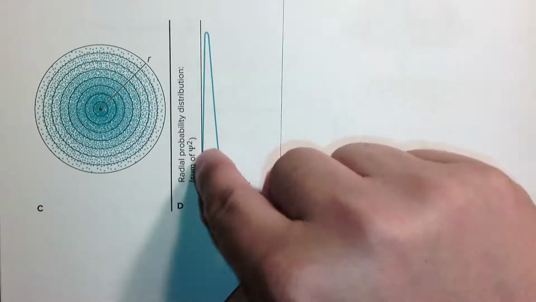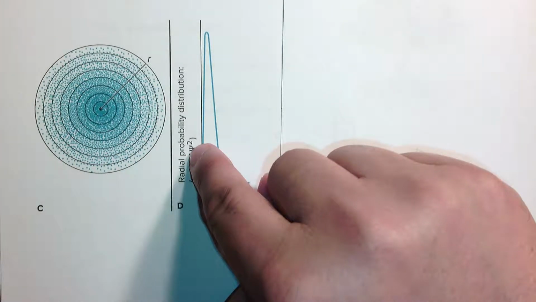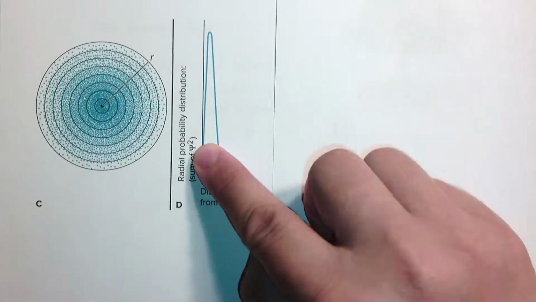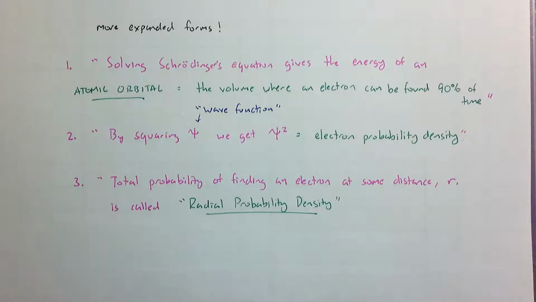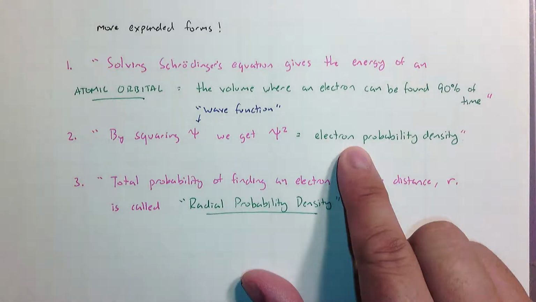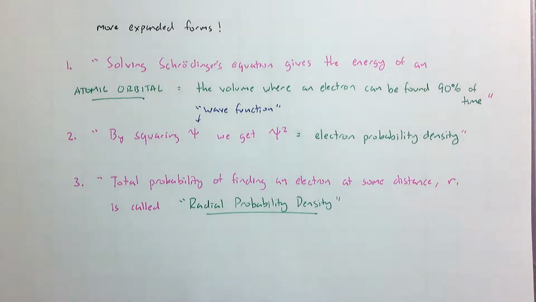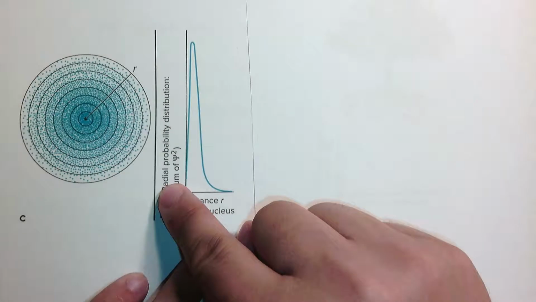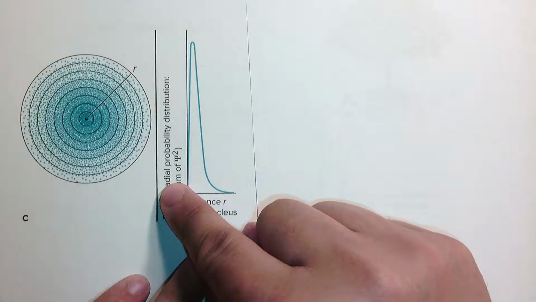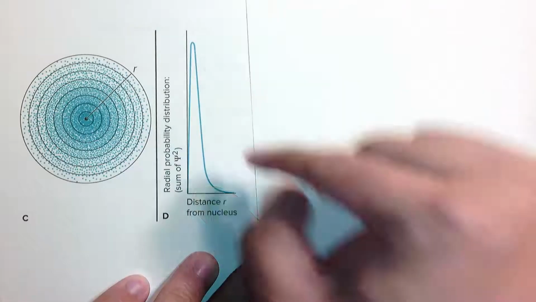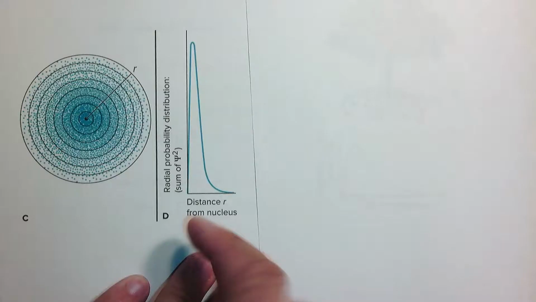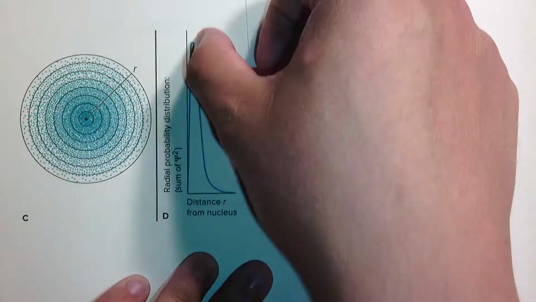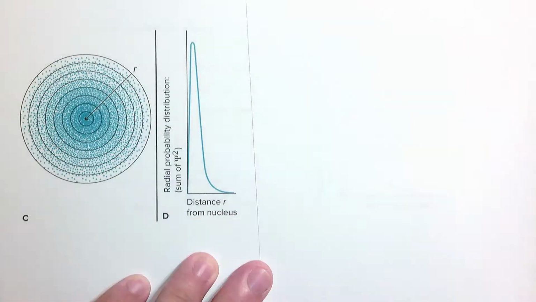And there it is, the sum of the psi squared. Again, psi squared is the electron probability density. And what we're actually showing you here is the radial probability distribution, or the radial probability density, graphically. So you have a theoretical distance in which you can find the electron most of the time.